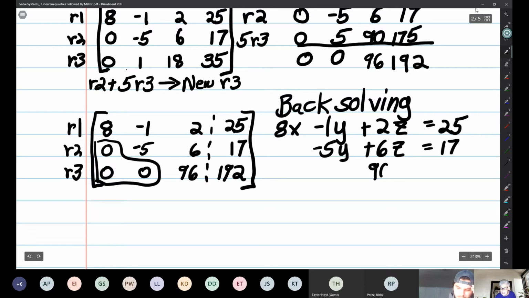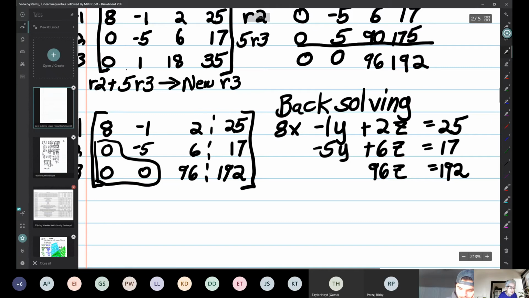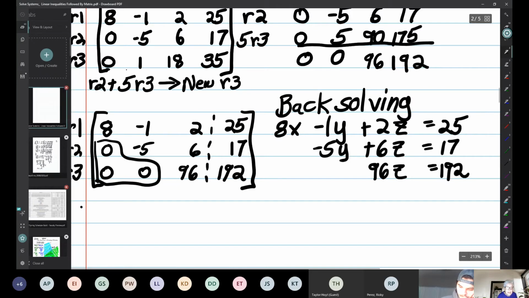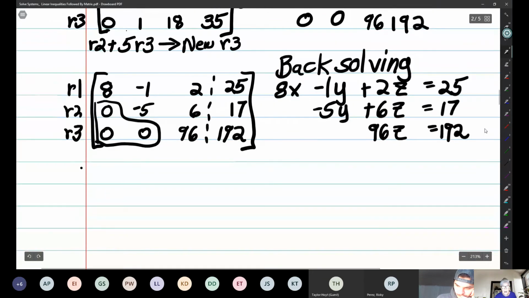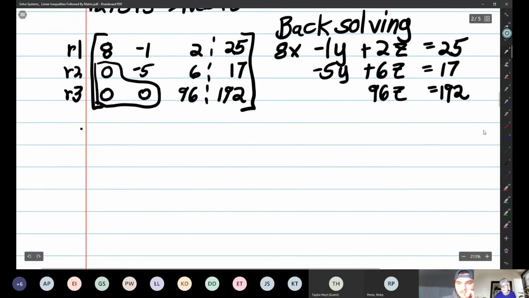And 96 times z equals 192. Let me save. Now this takes practice before you have it memorized. However, it doesn't take that much practice. So I think I only put 4 or 5 homework problems in your homework. So as not to strain you, but you do need to practice it.